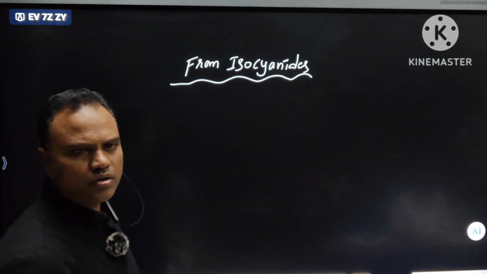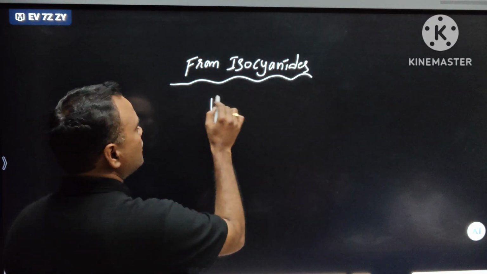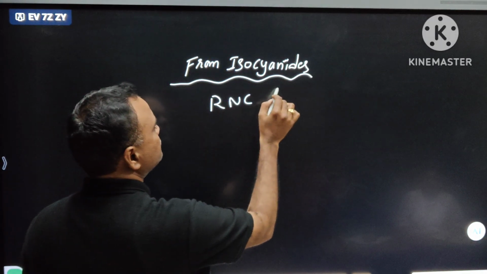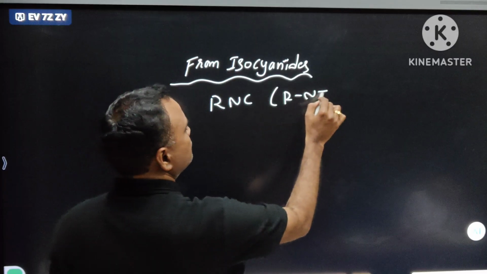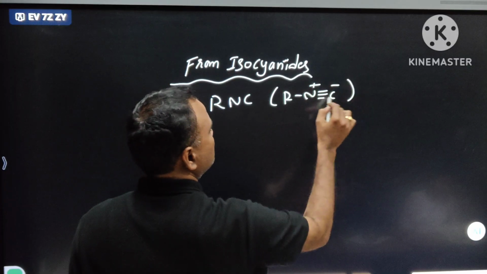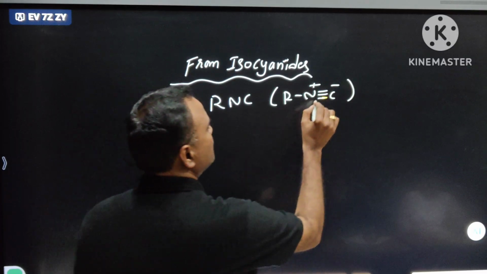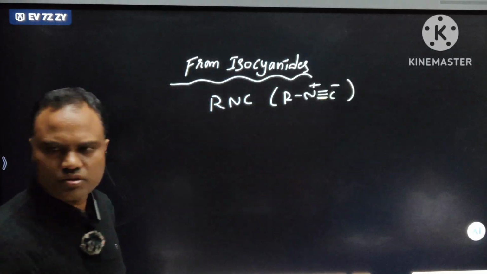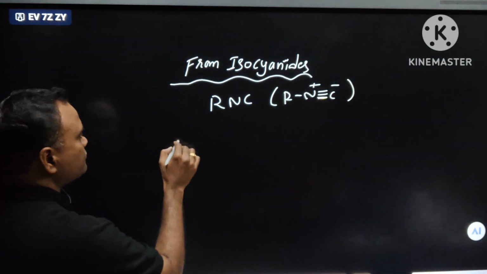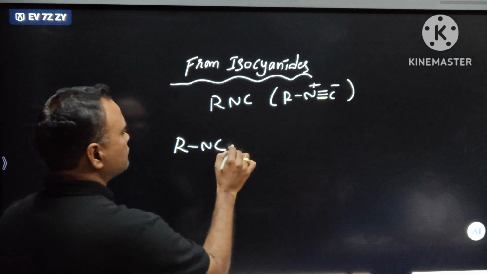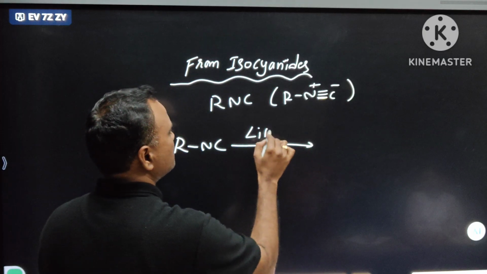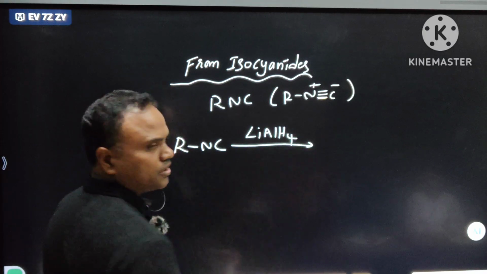What is the isocyanide formula? RNC. Generally we write it like this, RNC. Same reagent, the powerful reducing agent lithium aluminum hydride.